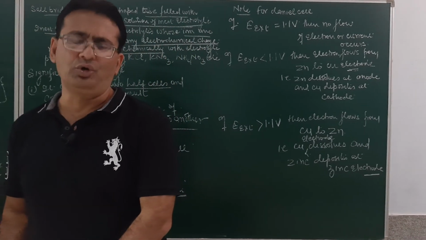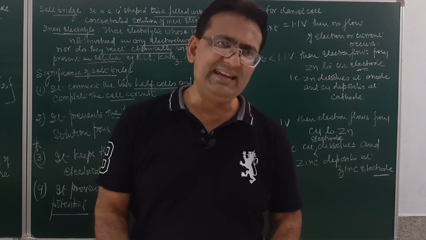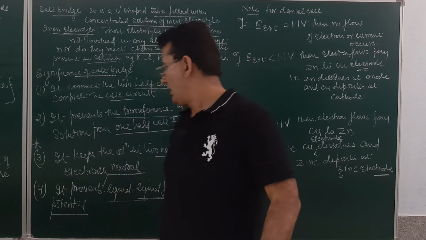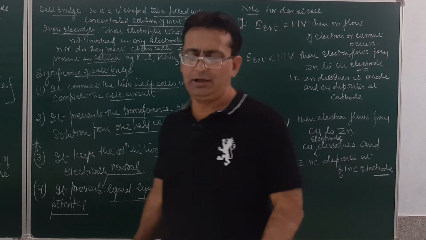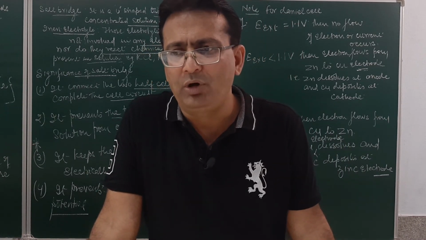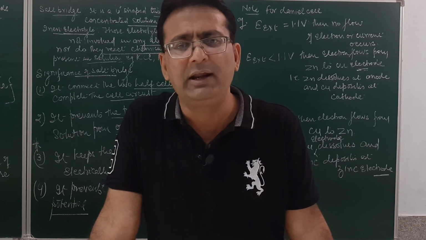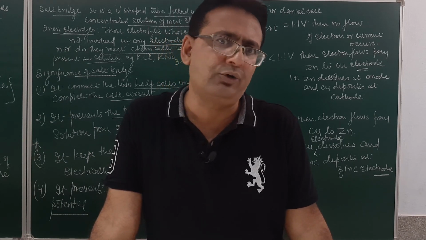Students, you must have noticed that one of the functions of a salt bridge is to prevent the junction potential and keep the solution in the two half cells electrically neutral. When the electrodes are dipped in the electrolytic solution, there develops a potential difference between the electrode and the electrolytic solution, that is called the electrode potential.